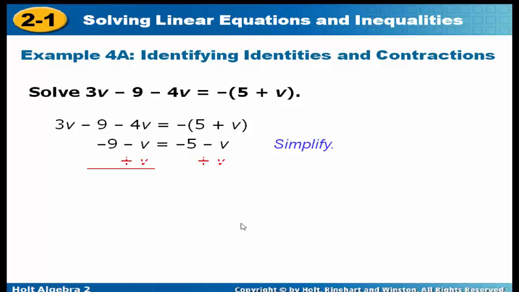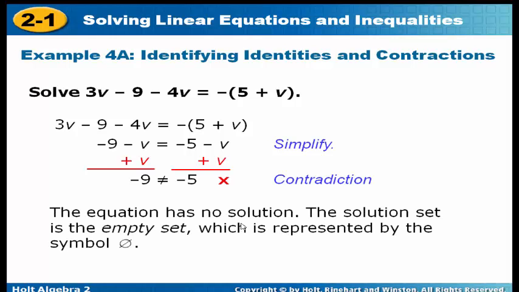Now plus v, so negative 9 doesn't equal negative 5, so it's a contradiction. The equation has no solution. The solution set is an empty set, which is represented by the symbol phi. If the equation has no solution, we can represent it by the symbol phi.